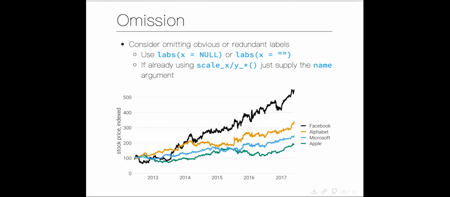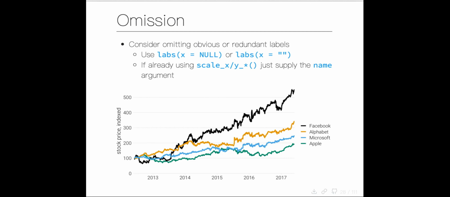The other thing that I would advocate for is that occasionally, and actually relatively frequently, you can omit an axis title altogether. Here's an example where, without including the x-axis title, it's pretty obvious what that title is.